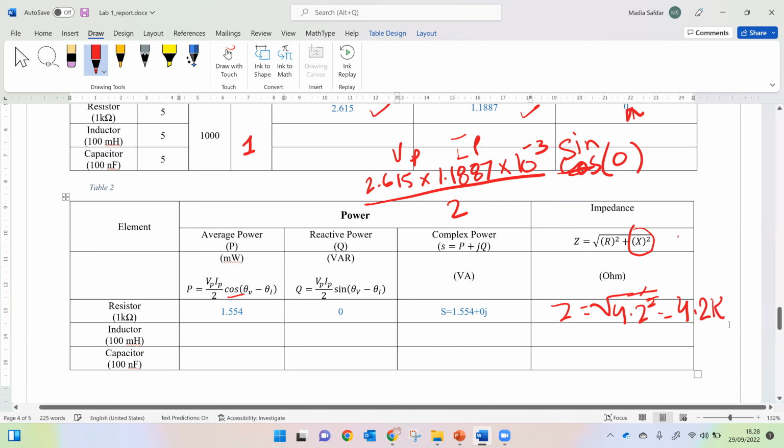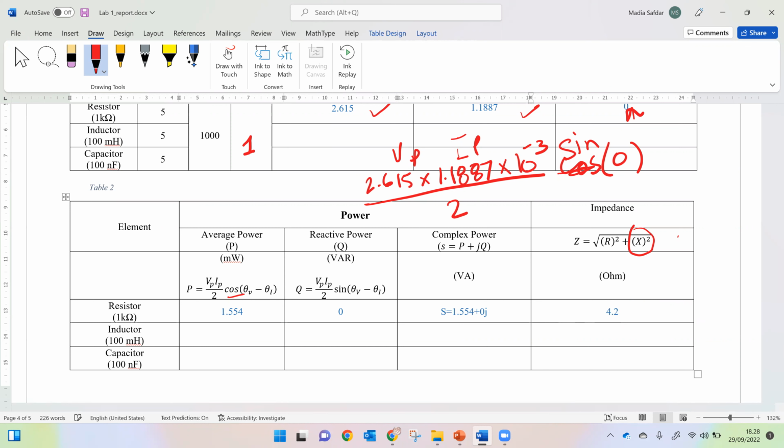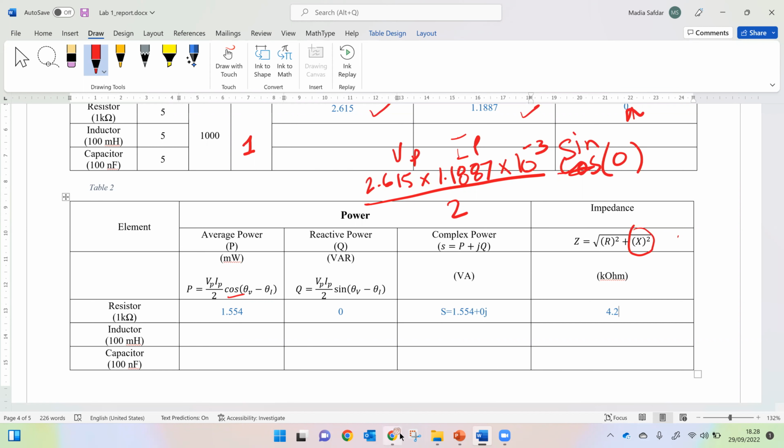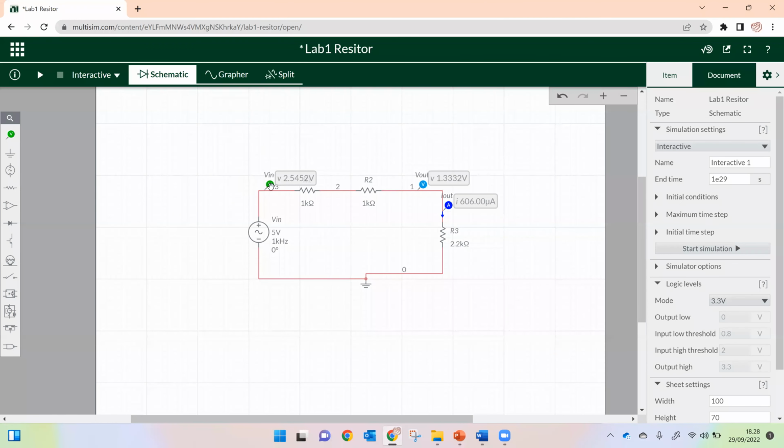Okay, finish for this one. So we will put it 4.2 and we can write it here kilo, or you can write it here, it's up to you. Okay, now this is for the first. Then you will need screenshots, and here you have to put your name.